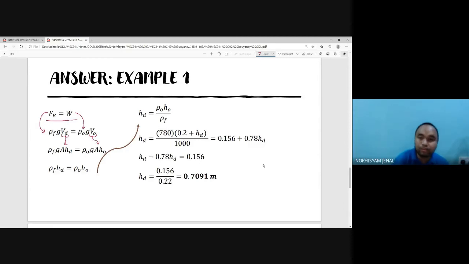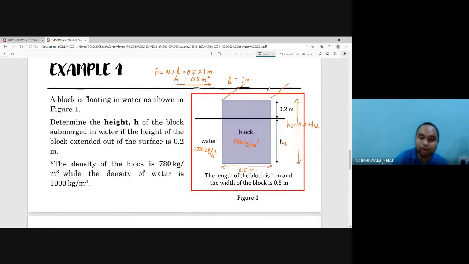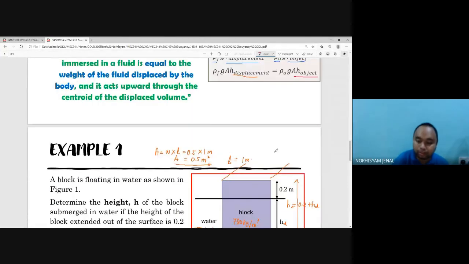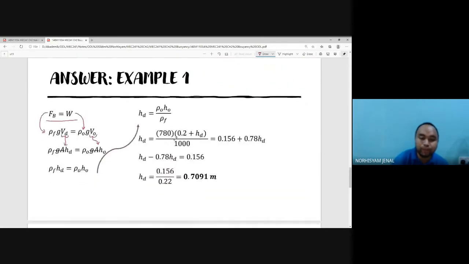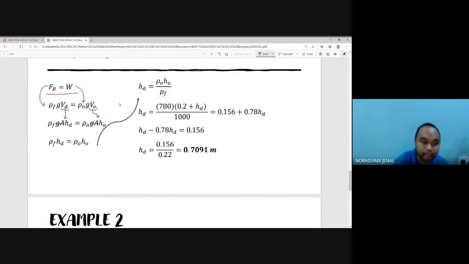From the picture, this block has the same area at the top and at the bottom. So we can assume the area is the same at the top and the bottom, and we can cancel out the area on both sides.